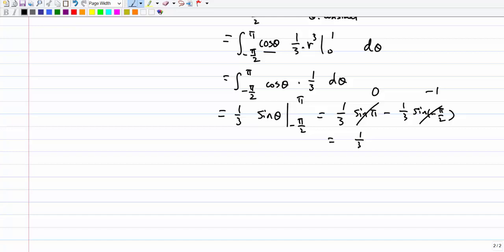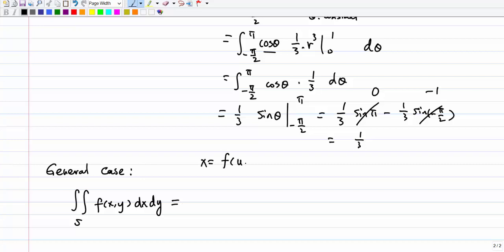Okay, so the change of variable, assuming this is a general case. Assuming I have the integration over s of f(x, y) dx dy, and I have x as m(u, v) and y as n(u, v).